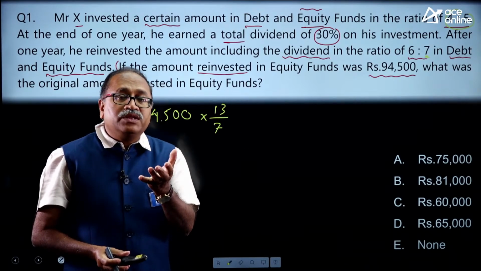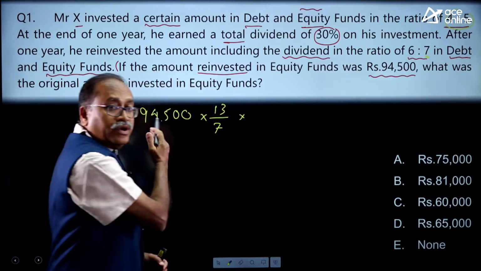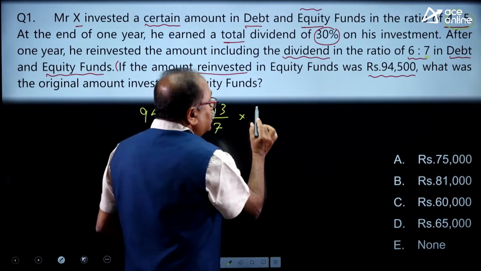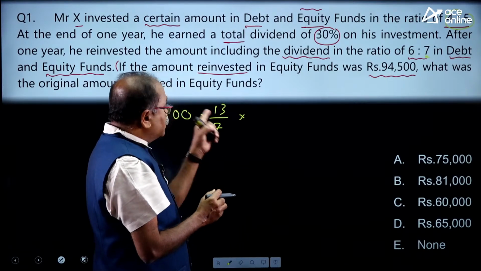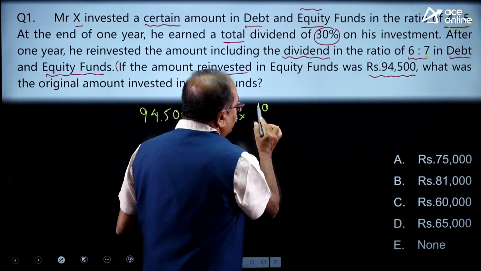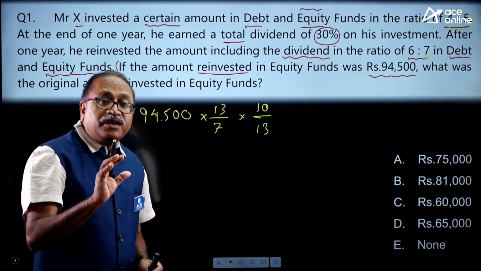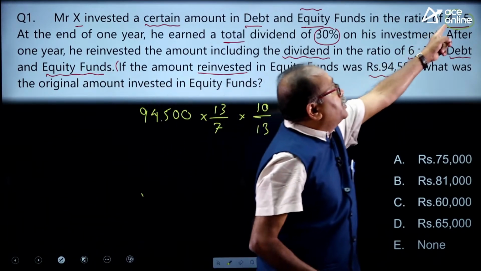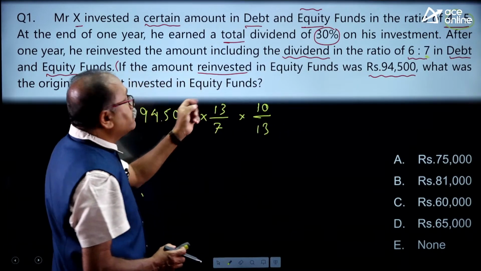So I need to convert this into 100%. I am going backward, right? I need to convert this to 100%, where this is 130%. So 100 by 130, which is nothing but 10 by 13. Where did I reach? I reached this point. Now here I need the equity.